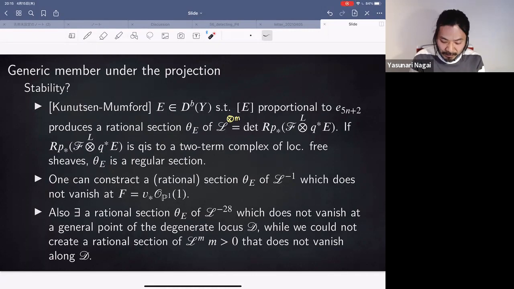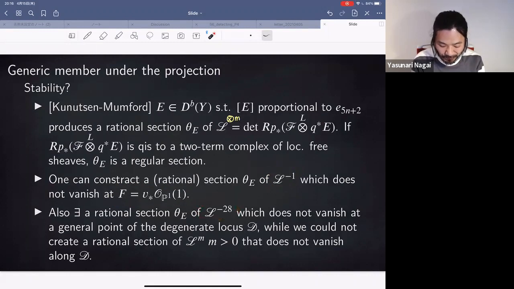And our observation is that we can construct a rational section of the inverse of the line bundle L that is defined before at the generic point. And also we can construct a non-vanishing section of L to the power minus 28.